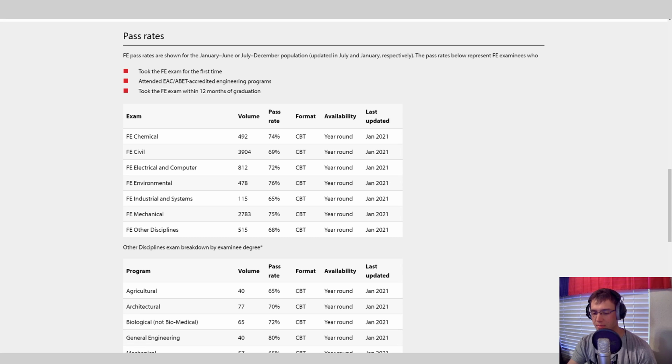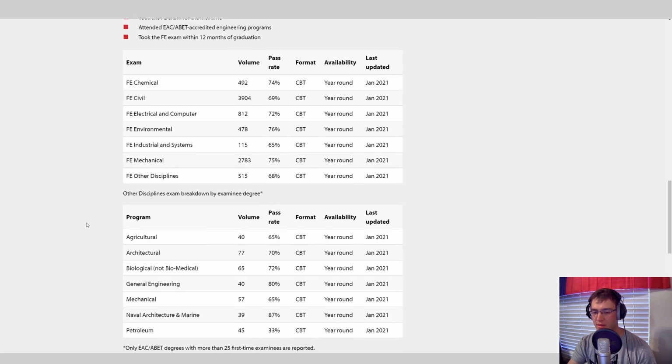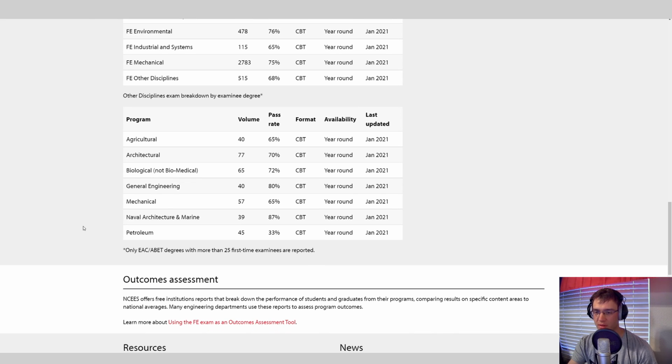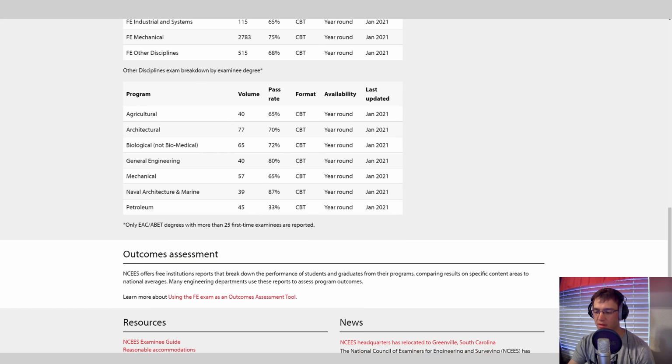And then below that, we've got if you took other disciplines that were not the main FE disciplines that are issued. This is either the general engineering, naval architecture, and marine. Interesting.